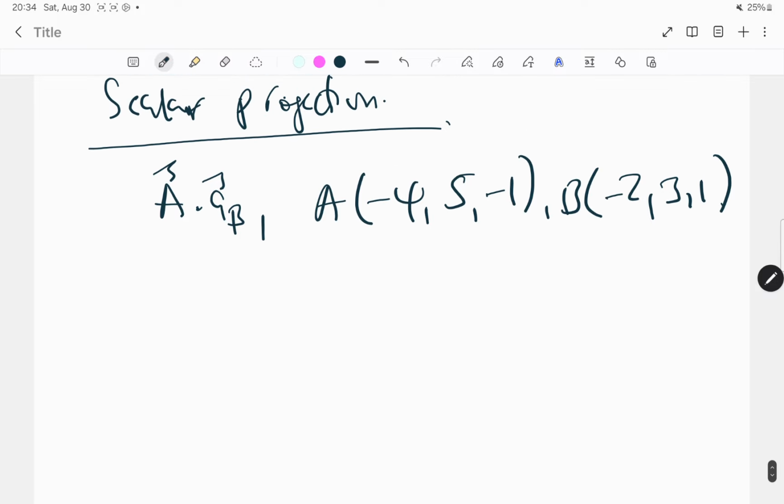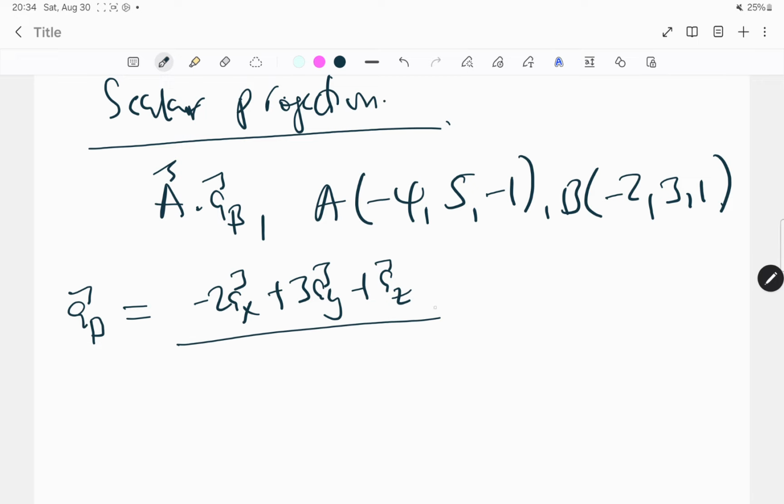Now first let me get the unit vector of vector B, which is going to be equal to the vector, minus 2 along the x-axis plus 3 along the y-axis, plus 1 along the z-axis, all over the magnitude of this.